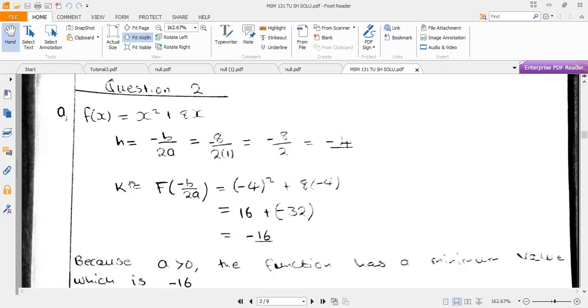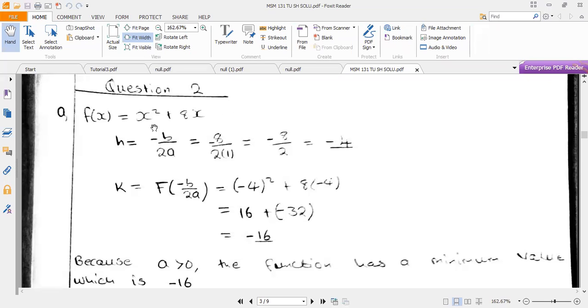All right. f of x is equal to x squared plus 8x. For the formula, we first find h, and then we find k. h is equal to negative b over 2a. In a quadratic equation, the coefficient of x squared is a, the coefficient of x is b, and the constant is c.